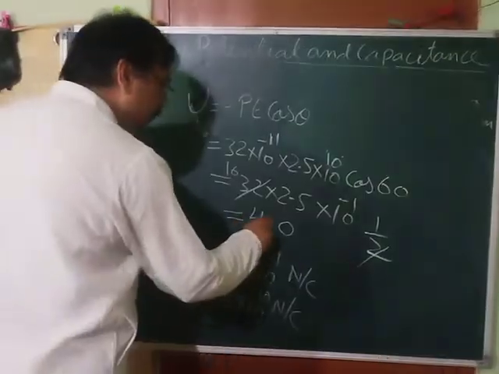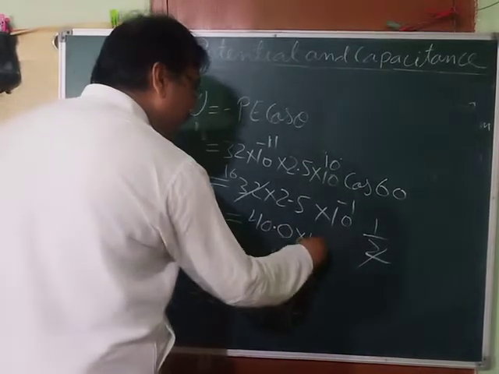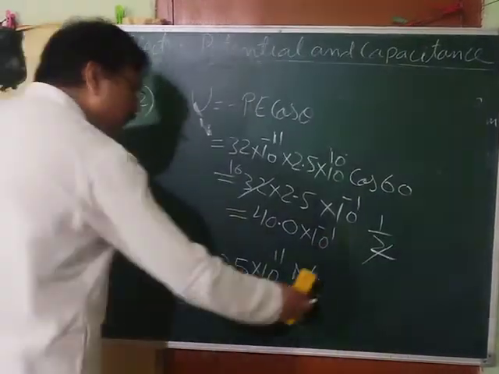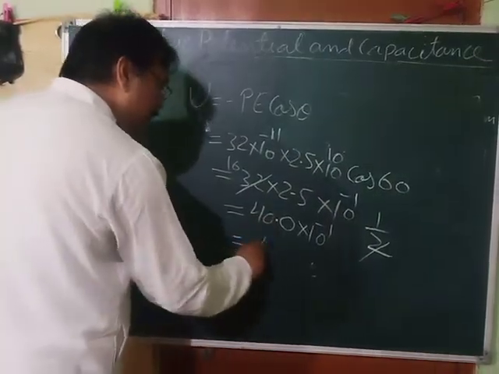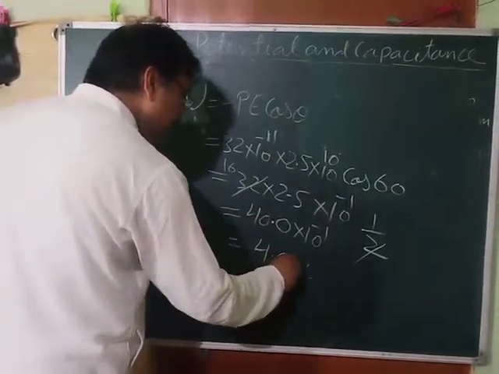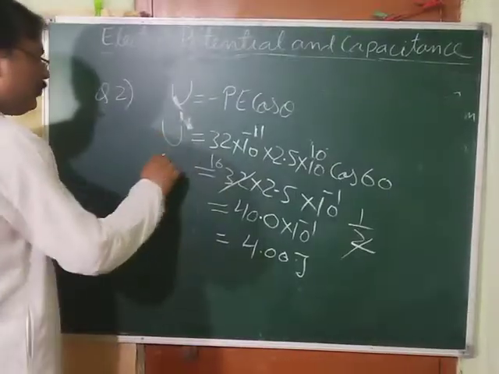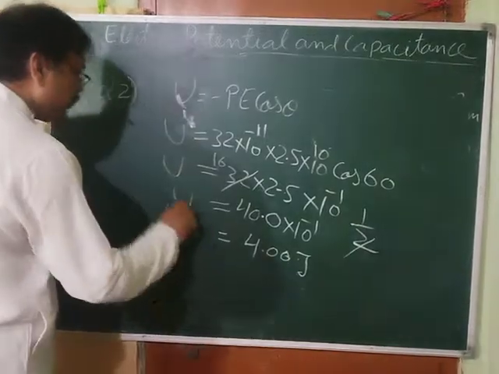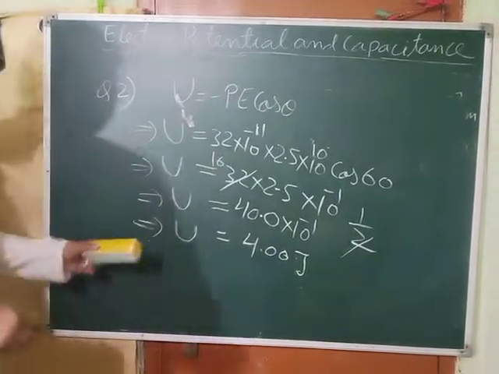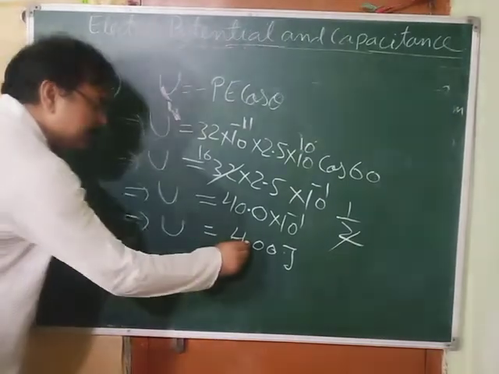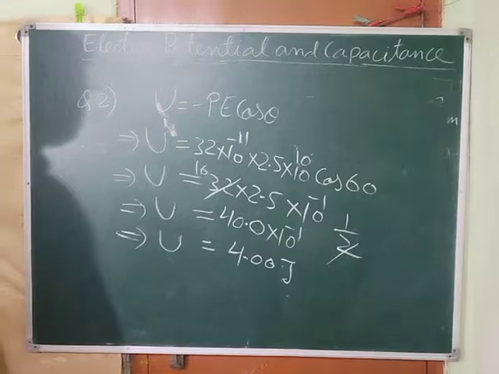So you can write 400. Now the decimal is after one place, so you write 10 raised to the power minus 1. If you remove this 10 raised to the power minus 1, you will get 40.0 joule. That is the value of potential energy. So we got the potential energy also. Just note it down.